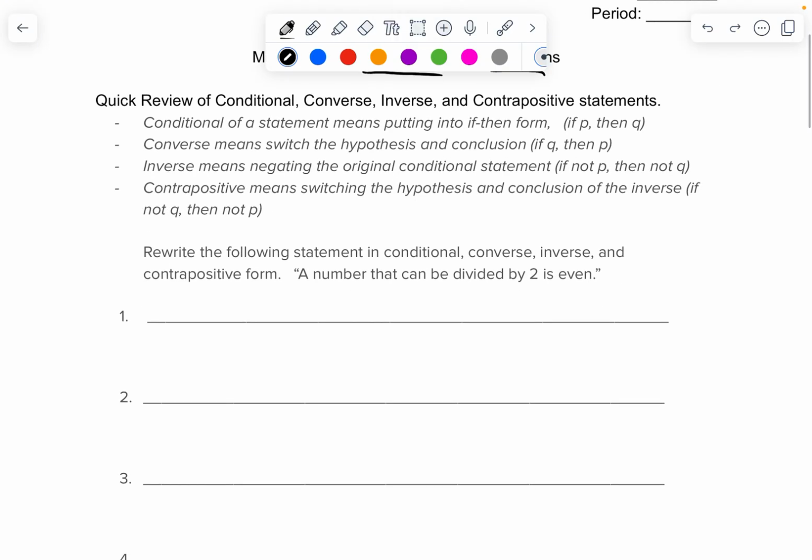So, quick review. Conditional, converse, inverse, contrapositive. When you are looking at a statement, put it into an if-then form. If I have this statement, a number that can be divided by 2 is even, you could say: if a number can be divided by 2, then it is even.